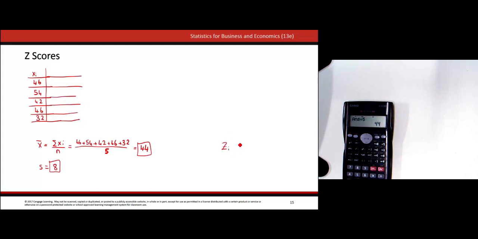Now what do we need to do? zi equals xi minus x bar over s. So we can find xi minus x bar. 46 minus 44, 2. 54 minus 44, 10. 42 minus 44, -2. 46 minus 44, 2. 32 minus 44, -12.